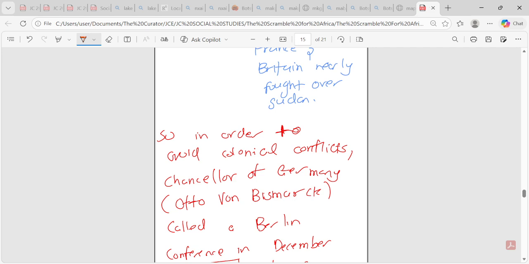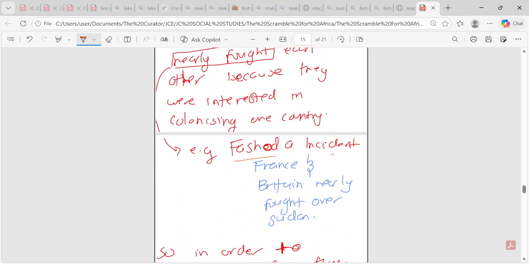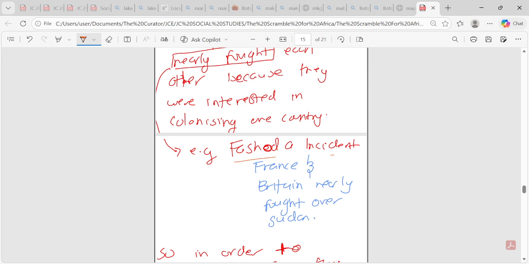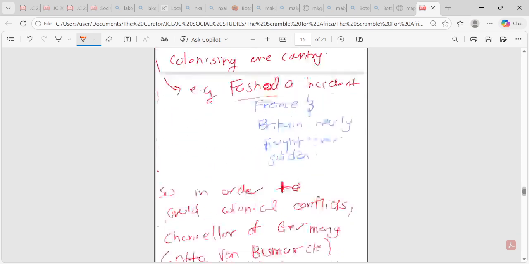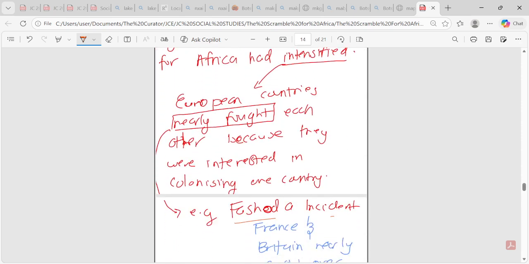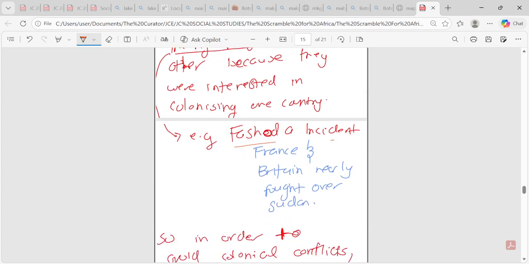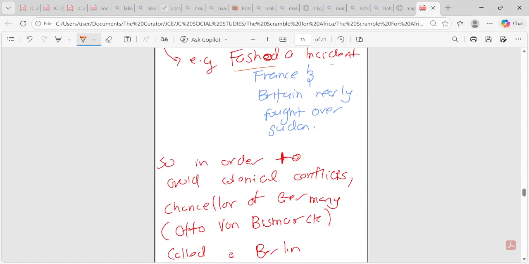This would lead to famine. This would lead to war. And so now, after they colonized Africa, they still face this threat of war. So the prime example here being the Fashoda incident, where France and Britain nearly fought over Sudan because Sudan was that precious.